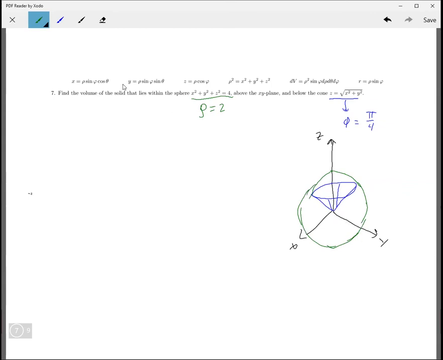Really poorly drawn sphere. And so what we're looking at, but the sphere, you're only going to look at it above the xy plane, right?